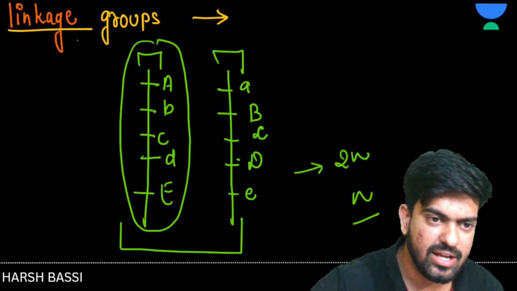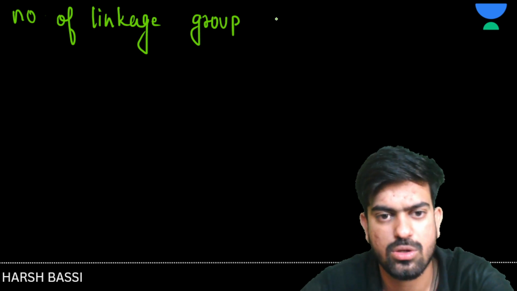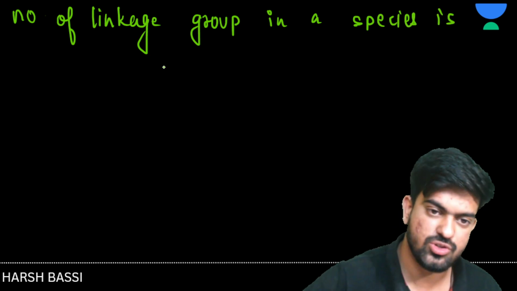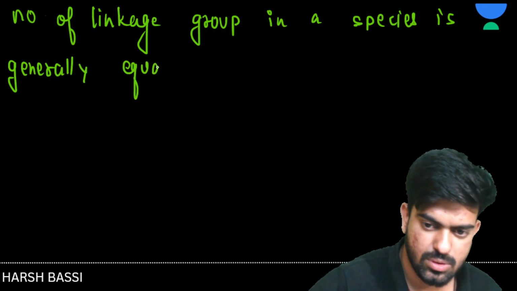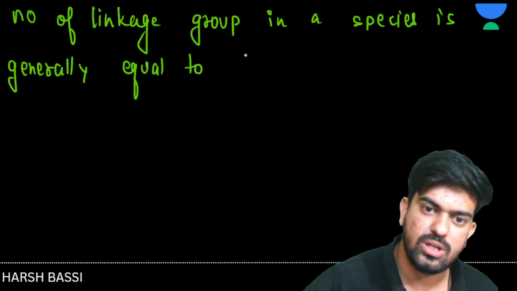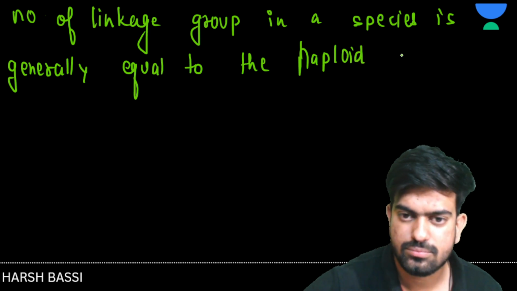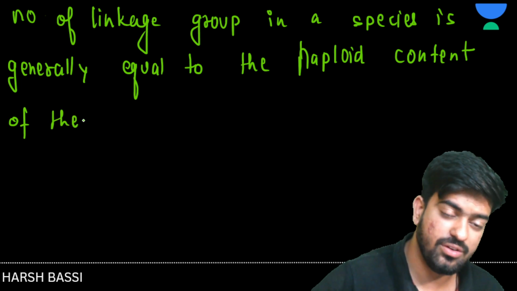So number of linkage groups in a species, how can we find it? It is generally equal to the haploid content of that species.